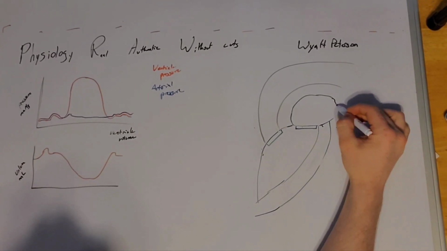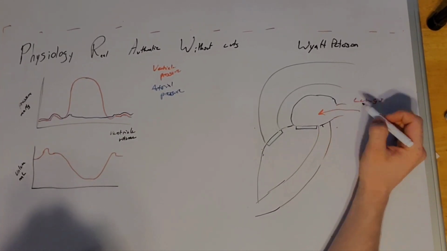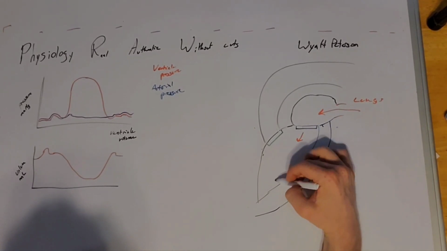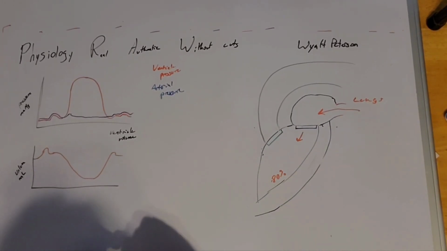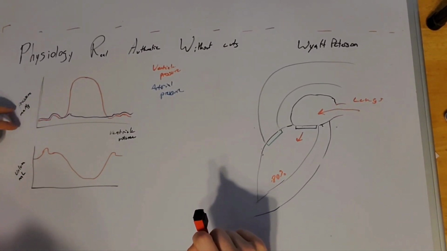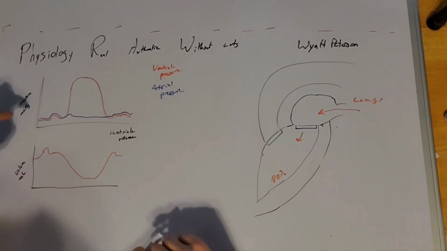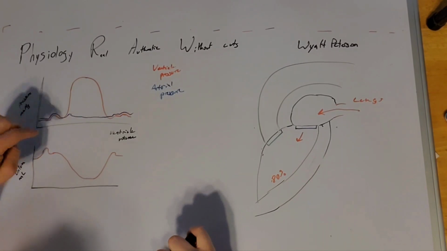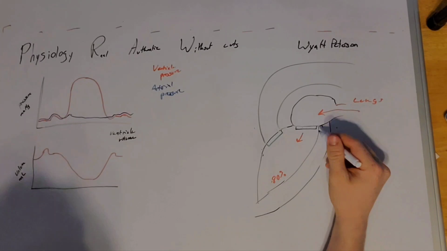So first, this is connected to the lungs, and blood is just passively falling into this, and some 80% of the blood passively falls into here as well, of the volume that is able to be in the ventricle. So this is a graph of the ventricle pressure and atrial pressure, and this is the volume of the ventricle.